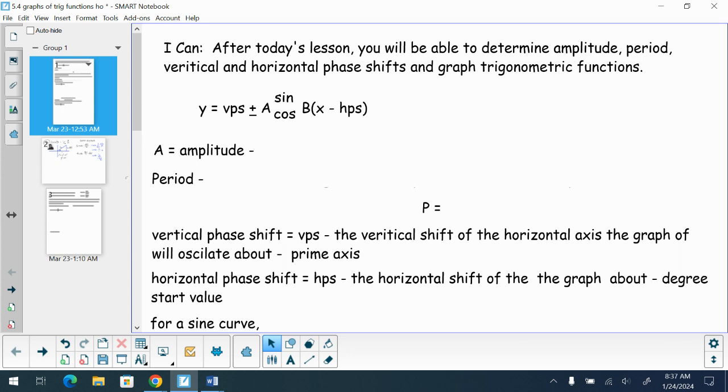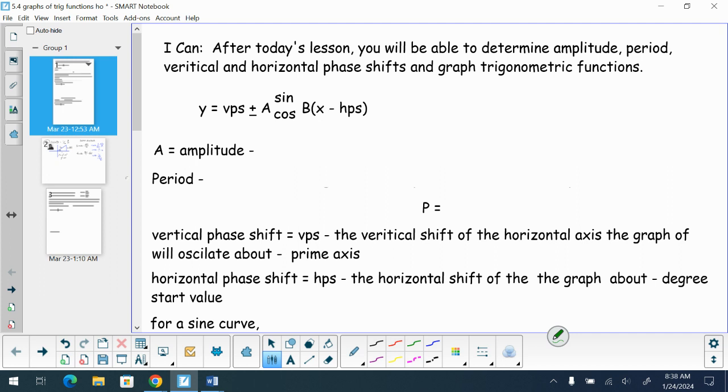When we were in trig class, we had a base equation for a trigonometric function: y equals our vertical shift, plus or minus a sine or cosine, it does not matter which, of b times x minus the horizontal shift.